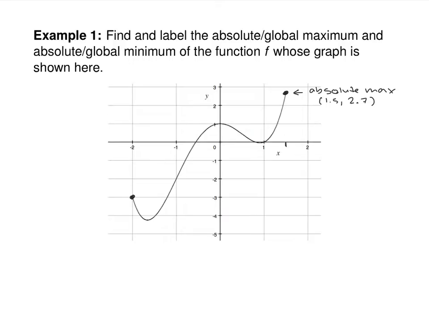Okay. Where's the absolute min? Between -1 and -2. Yeah, down there at that dip, that's the absolute min. And it has coordinates approximately negative 1.6, negative 4.2-ish.